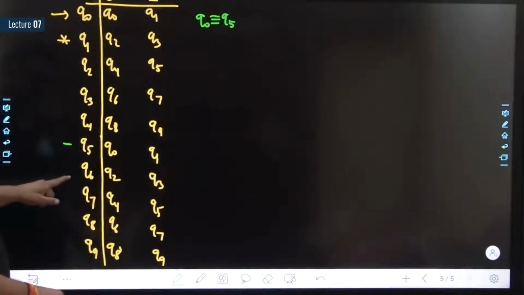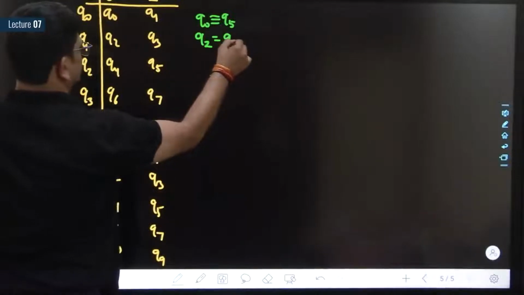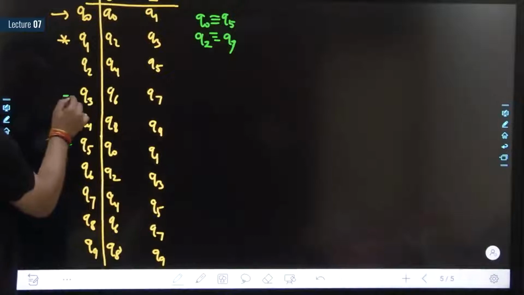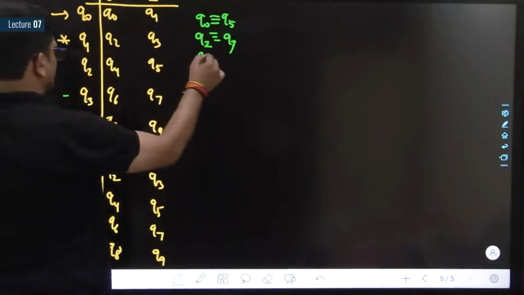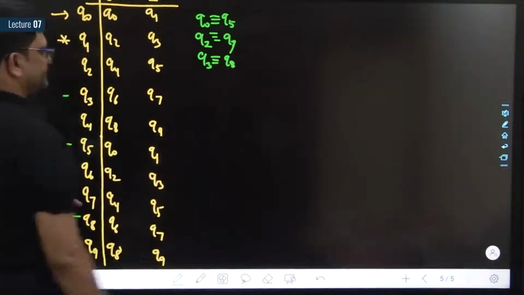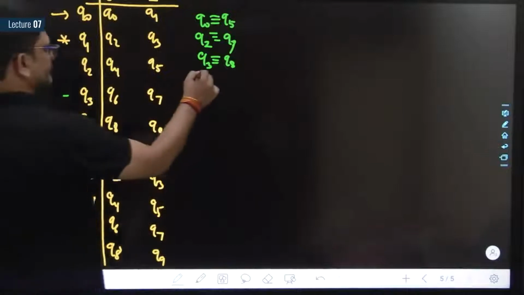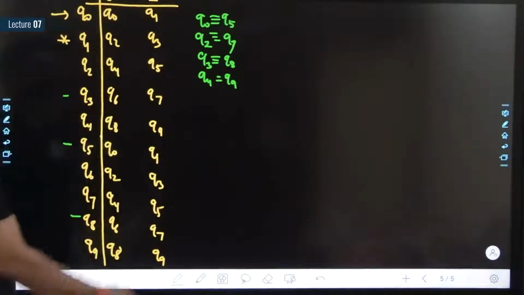Q2 and Q7 are same. Q3 and Q8 are same. Q4 and Q9 are same. Clear?